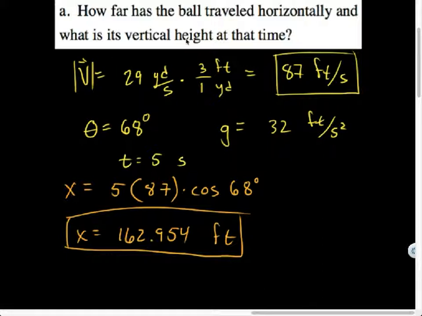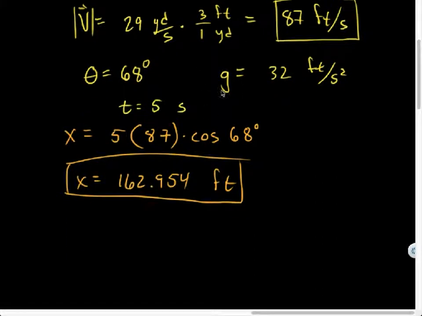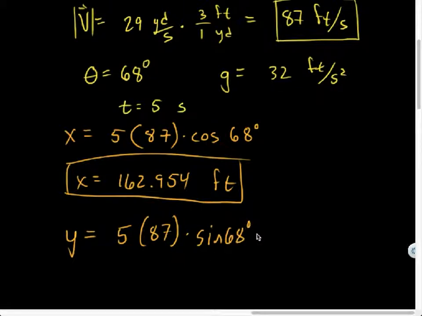This is the horizontal location. And then it says, what is its vertical height at that time? So once again, I'll take my values and plug them into my vertical formula. That's 5 seconds in, multiplied by 87, multiplied by the sine of 68 degrees. However, I then also have to subtract the 1/2 g, the 32, multiplied by time squared.